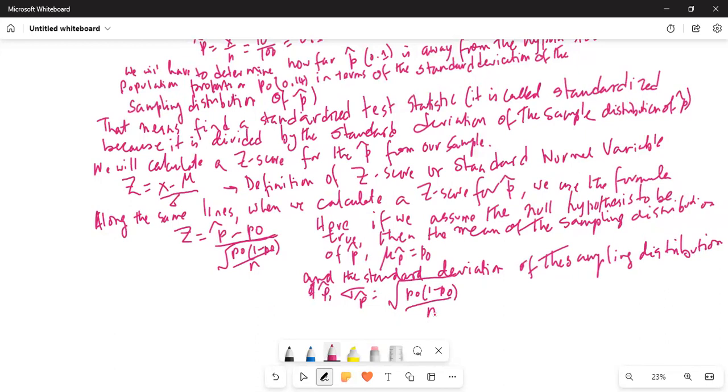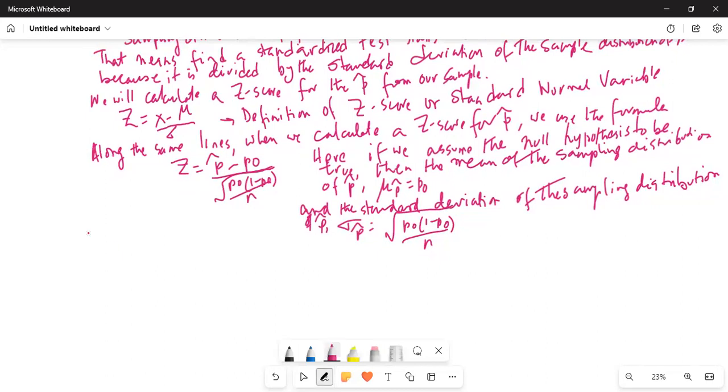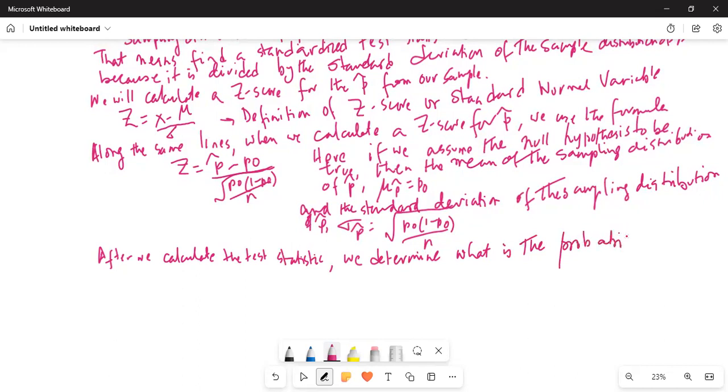Okay. So this is the long way of calculating the test statistic. So after we calculate the test statistic, we determine what is the probability of obtaining a test statistic, which is z, as extreme as what we have obtained.